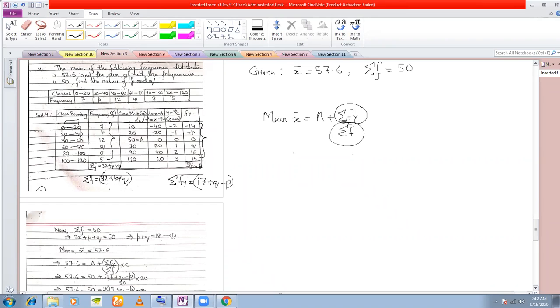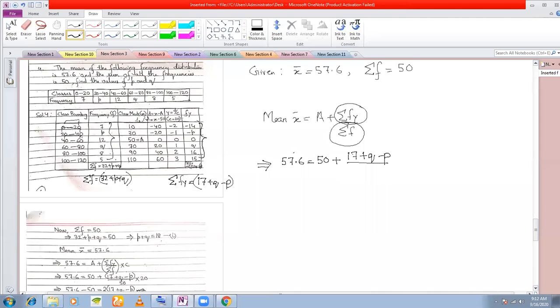Now we are ready to work. The mean here is given to be 57.6, so you put the mean here, 57.6. The assumed mean here we have taken as 50. Sigma fy we have calculated: it is 17 plus q minus p, divided by sigma f.